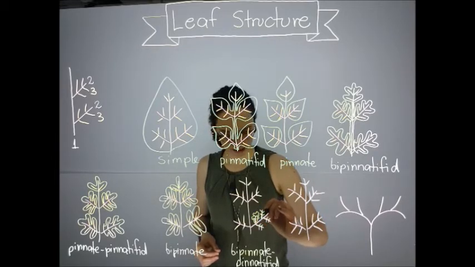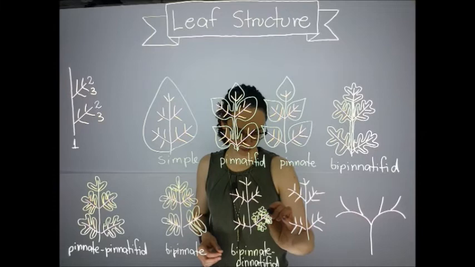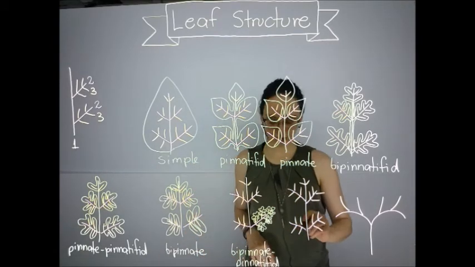They cut into like a quaternary axis. And you would have the same thing happening here. And then tripinnate.